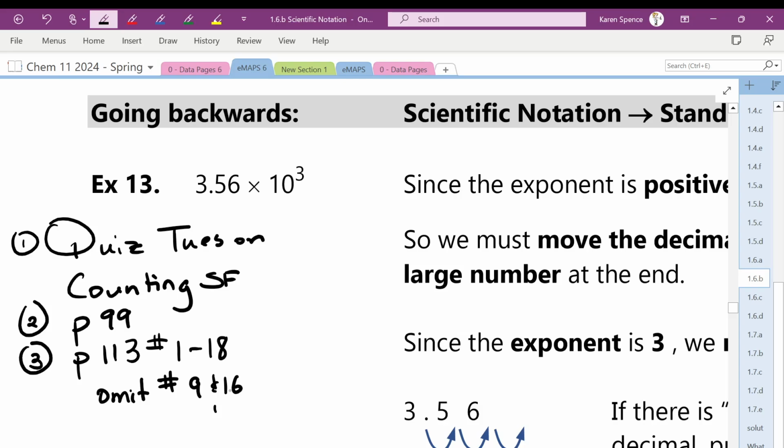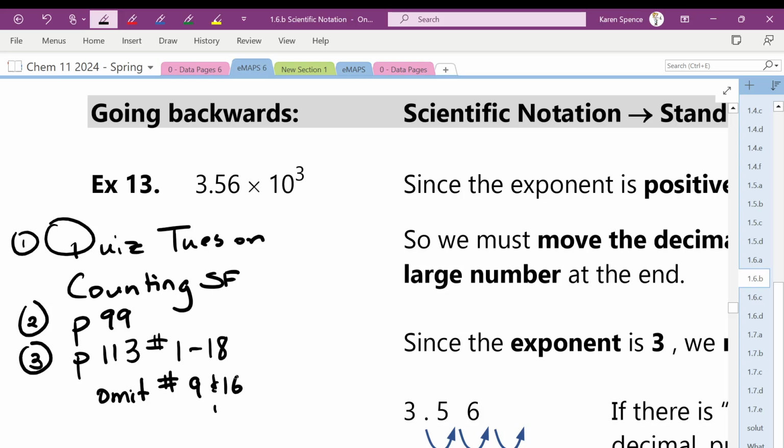Okay, ladies and gentlemen, you are going to be doing a quiz on Tuesday on counting sig figs. So to prepare for that, page 99 is all about review counting sig figs. Page 113, you're going to be doing numbers 1 to 18. Make sure that when you write your number, it has the correct sig figs. You're going to omit number 9 and 16 because we have not yet talked about overbars. And you'll look at that and you'll be like, I don't know why that line is there. So we'll talk about that next week. Okay?